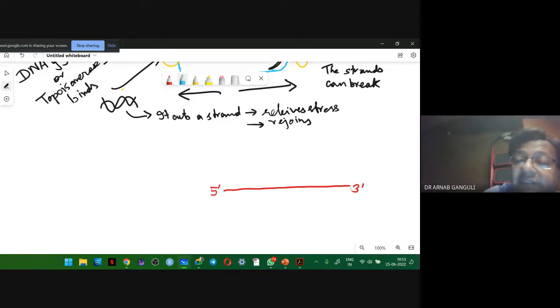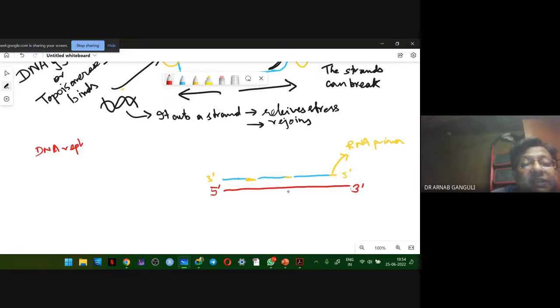On top of this, you have these Okazaki fragments. This is the 5', 3'. This yellow is the RNA primer.